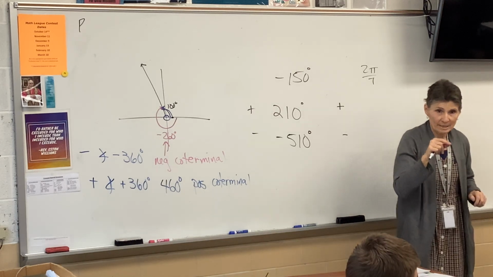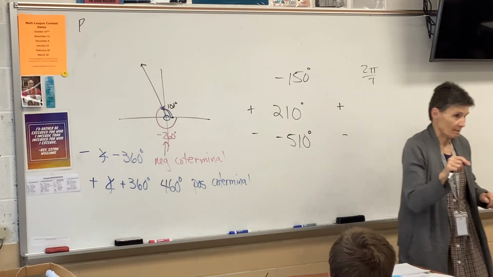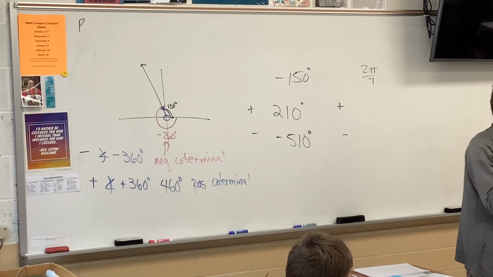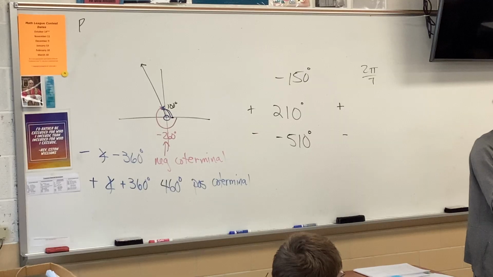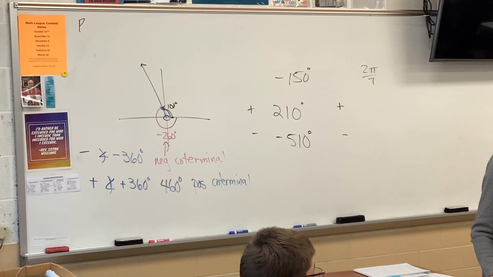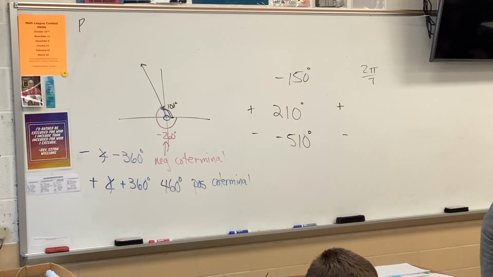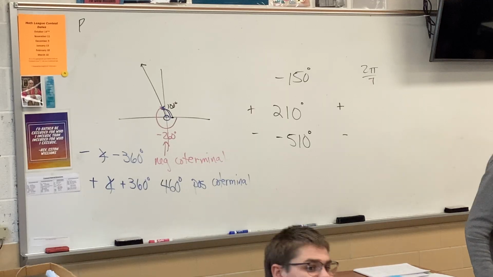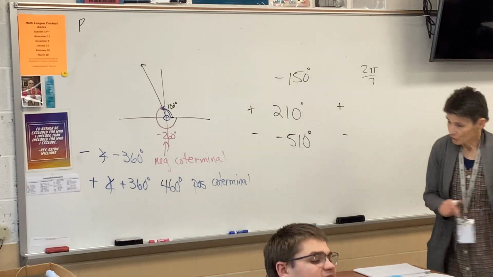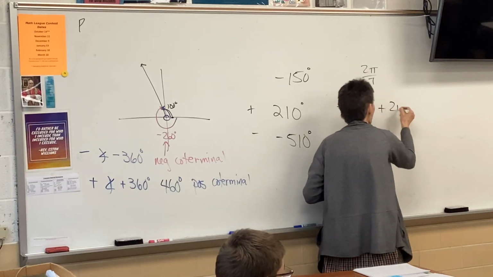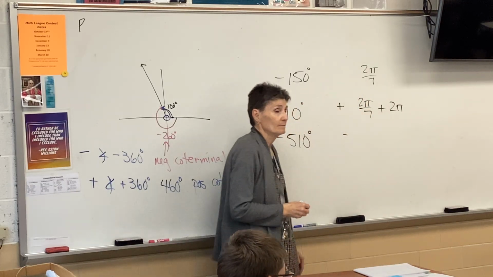When we did it in degrees, we added 360. Why? What's special about 360? It's a revolution. Okay, wait a second. What's a revolution in radians then? 2 pi. Pi is 180. So wouldn't 360 be 2 pi? So you are going to take 2 pi over 7 and add 2 pi.